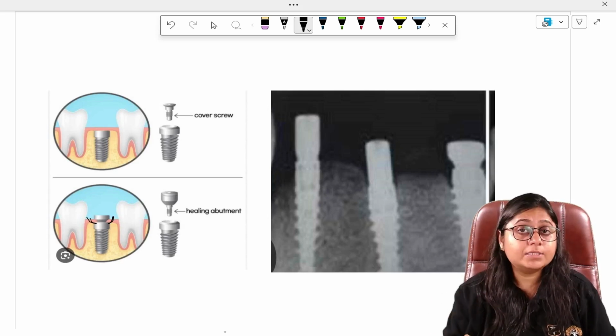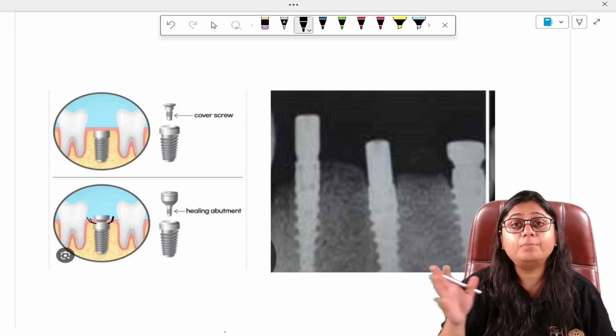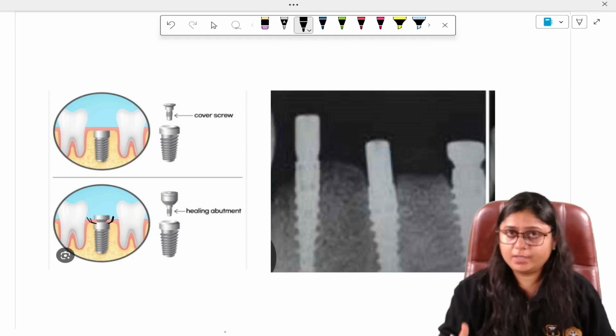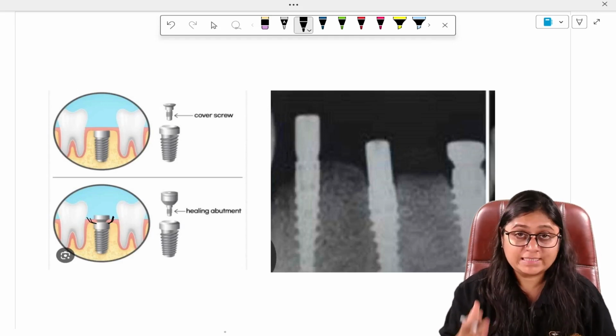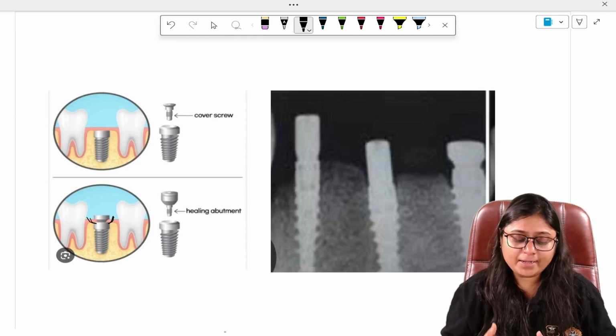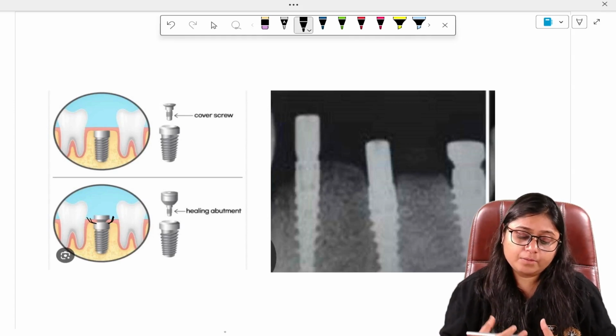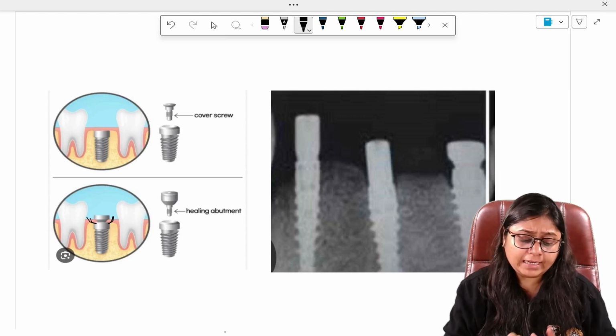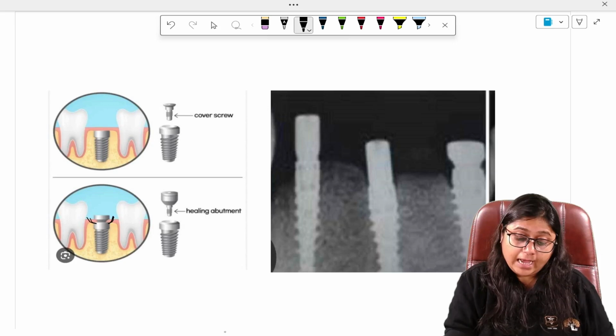Here we are giving importance to the soft tissue also, not only to the implant. And this is what is called biointegration, not biomimetic, sorry, biointegration, where the importance is given to the soft tissue also. So a healing abutment is a part of the prosthetic component which is placed into the implant and it emerges out of the gingiva.